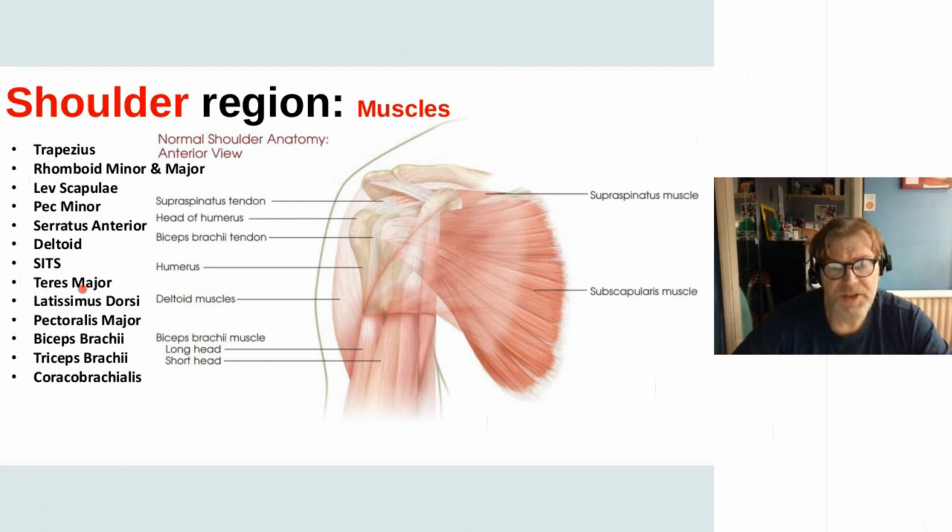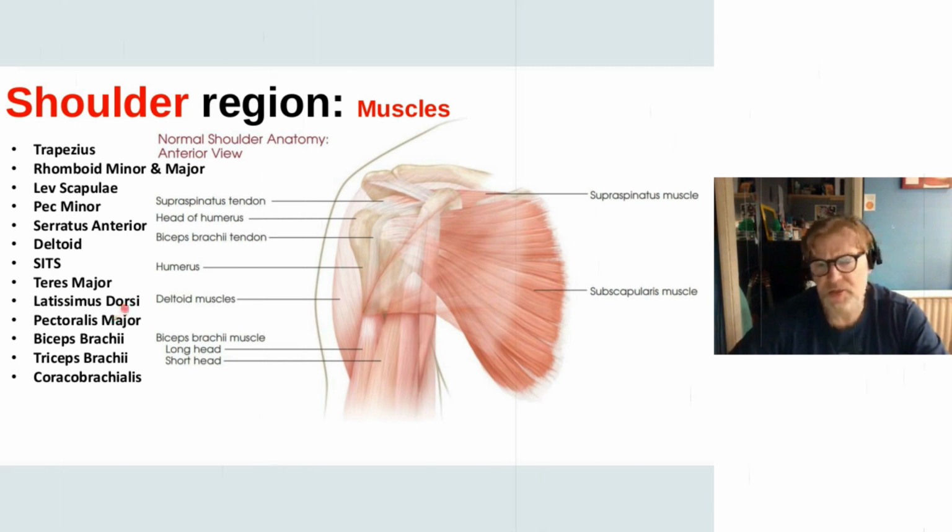We know about teres major, which sits just inferior to teres minor on the lateral border of the scapula, and comes around to the inside of the upper humerus, just below the crest of the lesser tubercle. So that technically is not part of the rotator cuff, but is an important adductor and medial rotator of the glenohumeral joint and works in close association with latissimus dorsi.